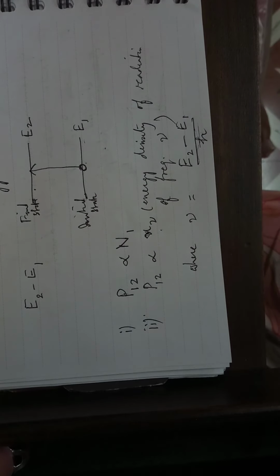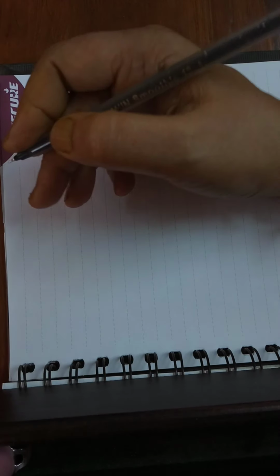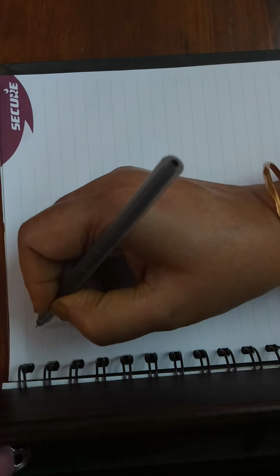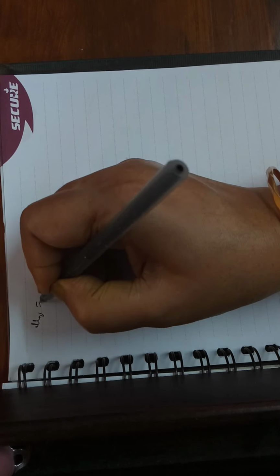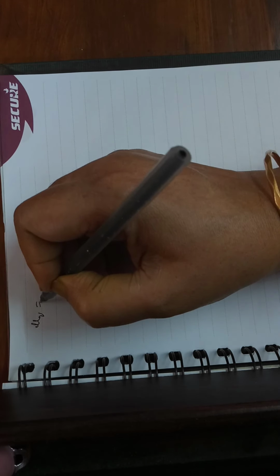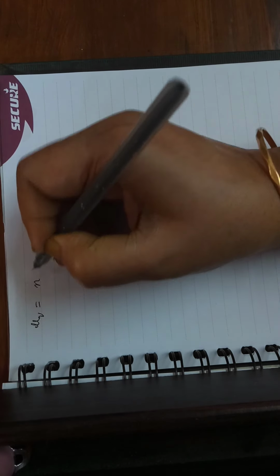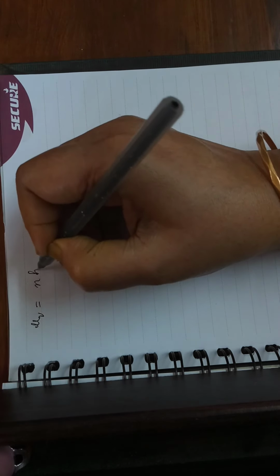Now what is U nu? U nu will be equal to N h nu. h nu is the energy, and N is the number of photons of frequency nu per unit volume.